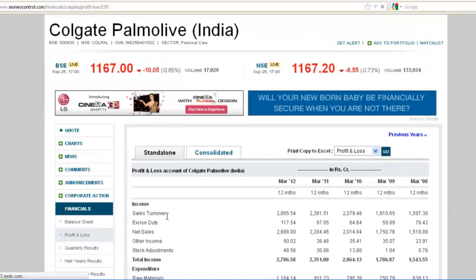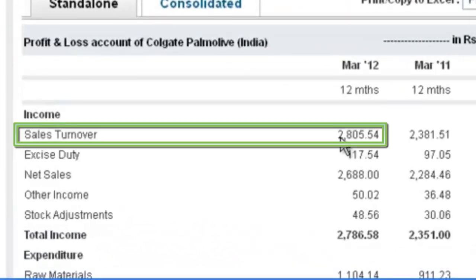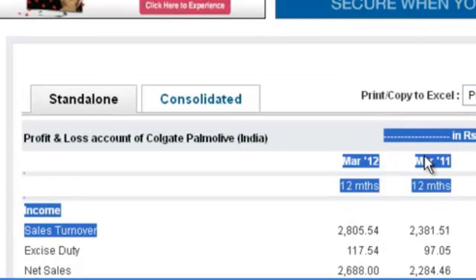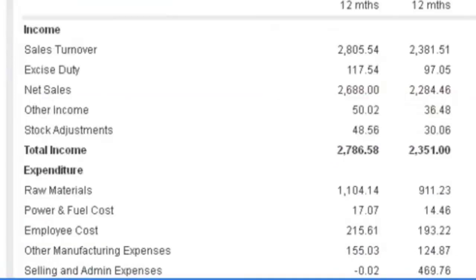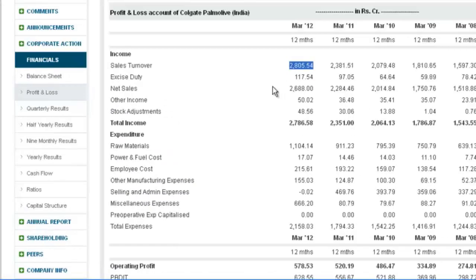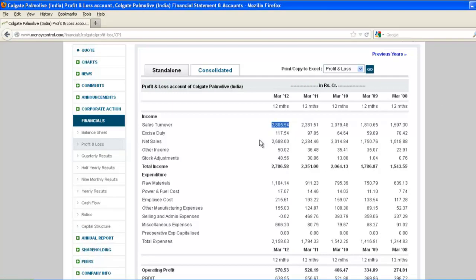Okay, so sales turnover is 2805.54. Now, if you want to check this data with other available sites like Reuters India, go to the Reuters India website.